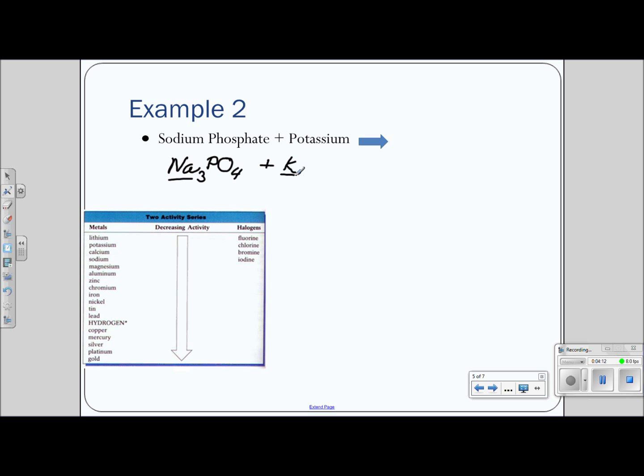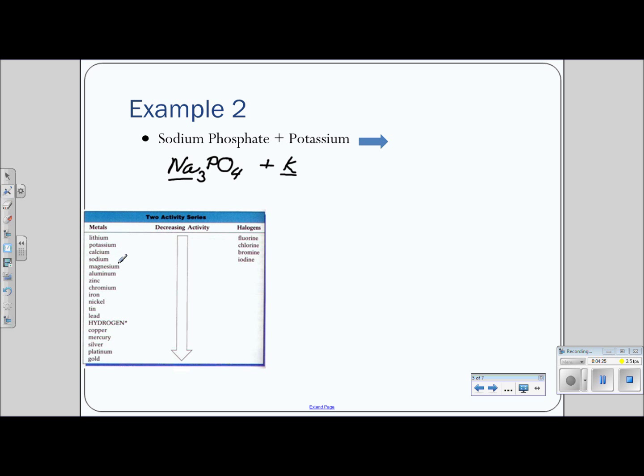Will potassium be able to replace sodium? Potassium is here on the chart, indicating that it is much more reactive, and sodium is right here on the chart. So that means that potassium will be successful in replacing sodium. So this reaction will take place.